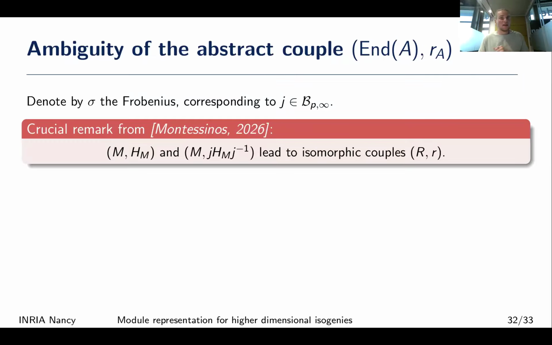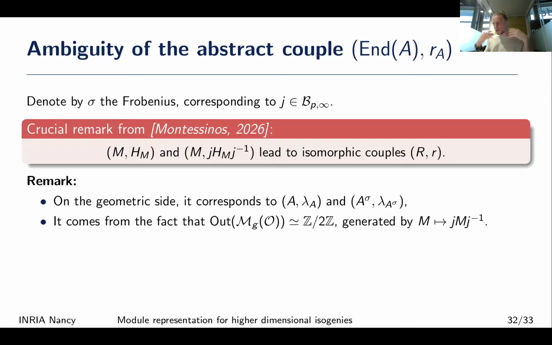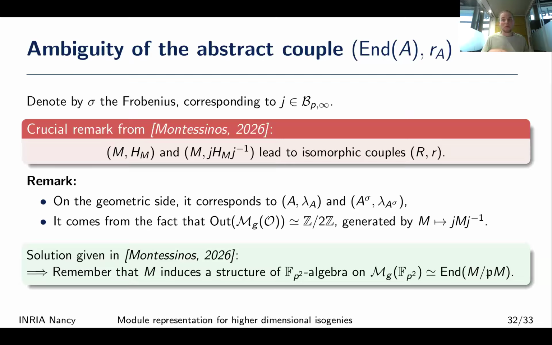If we look at it from the abelian variety side, it corresponds to the fact that A and the Frobenius conjugate of A have the same endomorphism ring. And it comes from the fact that when we look at the automorphisms of this matrix space, we have one class that doesn't behave like the other, which is given by conjugating by the Frobenius. Okay, but fortunately, Montesinos in his paper also provides a solution to this problem that here I reformulate in terms of modules.